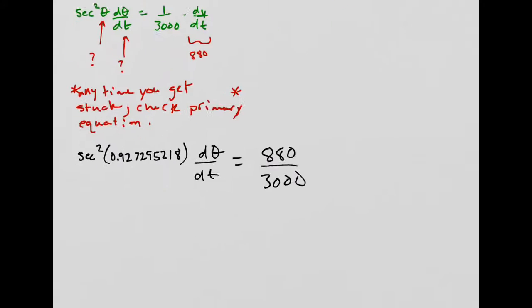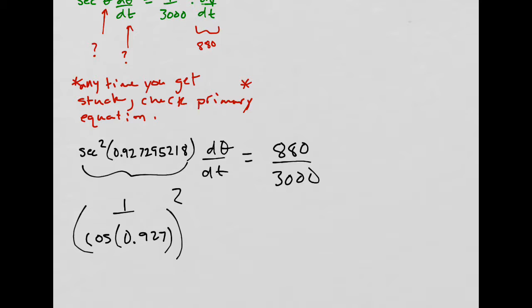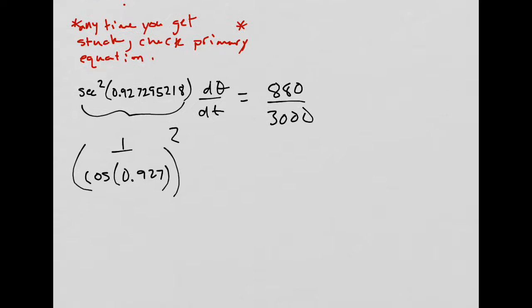So really, all I do is I see what this number is. I take the secant and I square it. That's the same thing as 1 over cosine squared. I'll write it differently: 1 over cosine of 0.927, squared. So I do that with a calculator, and I get 2.7 repeating if I don't round at all, times d theta/dt.